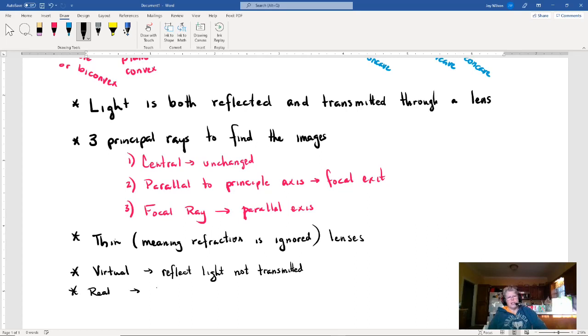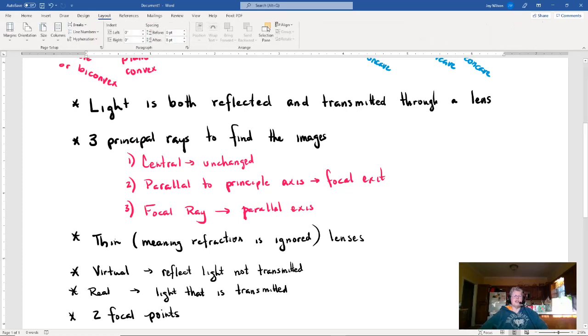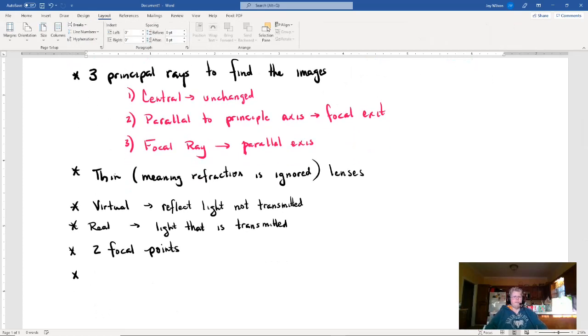Real is going to be the light that is transmitted now. We are now going to have two focal points. Which is going to cause some differences. But then the math, you're still going to use 1 over f equals 1 over object distance plus 1 over image distance.